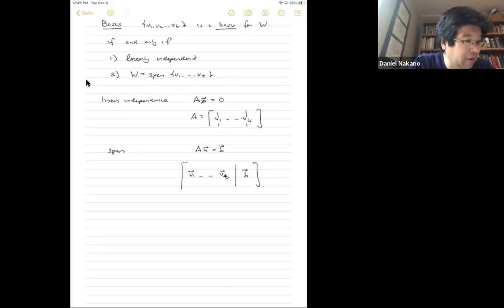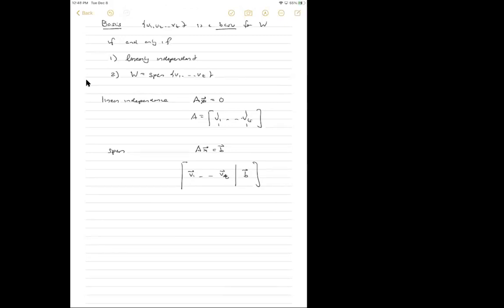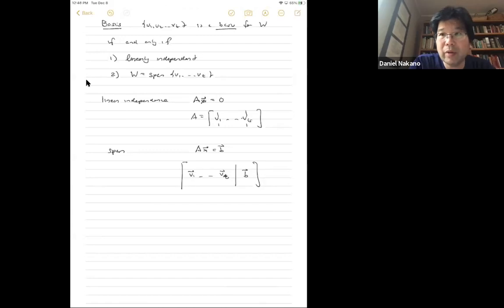Okay, any questions on this? For the span, is it a unique solution or can it be infinitely many? There could be infinitely many. For example, suppose that you have more elements than the dimension. Then you're going to have infinitely many solutions, right?